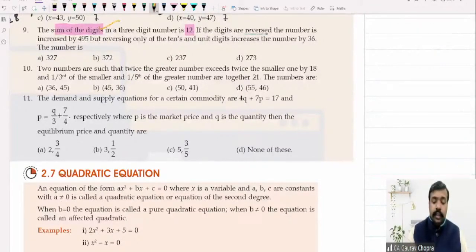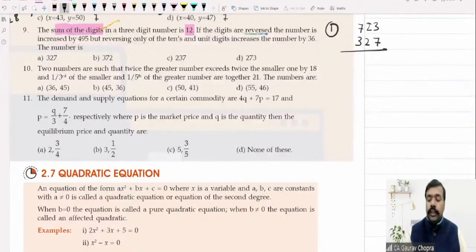Now, if the digits are reversed, let us reverse the digits and find the difference. When we talk about the first one, the number is 327, and if we reverse, it becomes 723. Now 723 minus 327 comes as 396. So the first option is wrong.